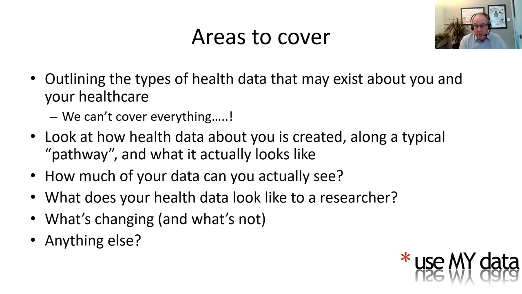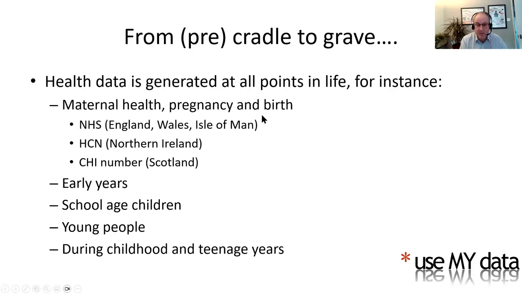Covering off things like who can see your data, how much can you see, and how might you see it. And then when a researcher wants access to your data, what do they see? To give some very practical examples of what you see with your data, what a clinician sees, and what a researcher sees, which are fundamentally different things. If you've got any other things you want to add in, stick them in the chat and we'll pick them up towards the end.